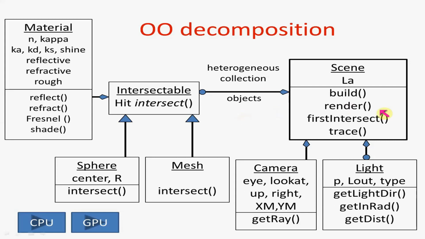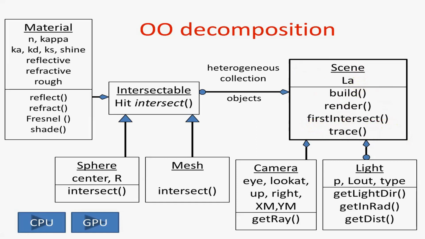The virtual world is represented by the scene class. A scene can be built, can be rendered, which in turn requires the ability to trace a ray, which in turn needs to find a visible object with the first intersect method. Ambient light is a data member of the scene.